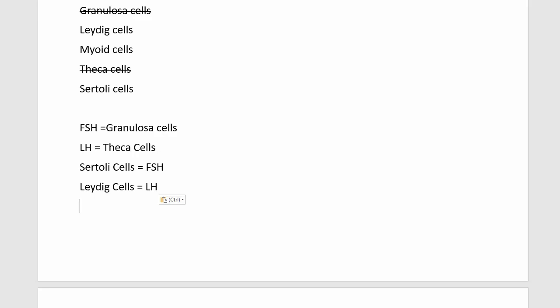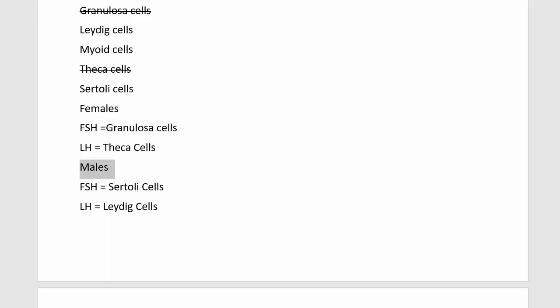So if we just put those together, I need to do this. It's going to annoy me otherwise. FSH, Sertoli cells, and LH, Leydig cells. So females and males.